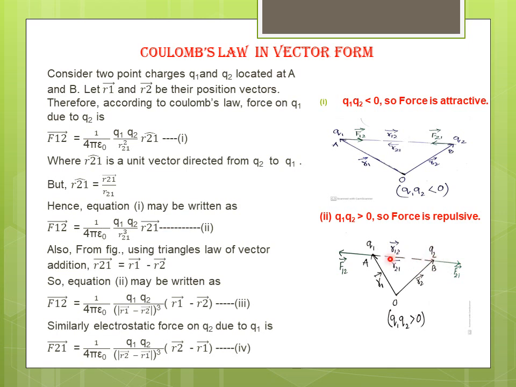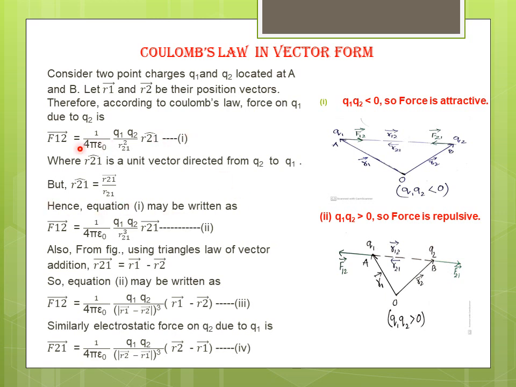R21 is directed from B to A, and we know the unit vector is the vector by the magnitude of the vector. So we can write the unit vector R21 equal to R21 vector by magnitude of R21.